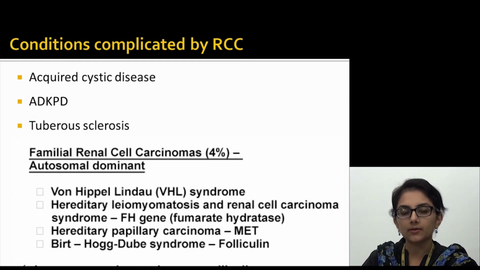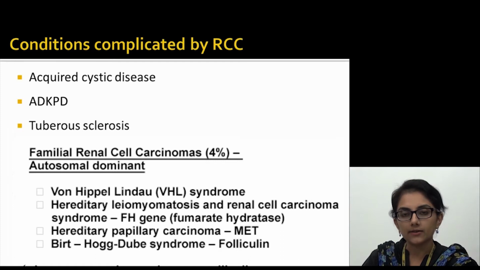And let's look at the important syndromes to remember. First and foremost is the von Hippel-Lindau syndrome, or the VHL syndrome, which is associated with conventional or clear cell RCCs. Hereditary leiomyomatosis and renal cell cancer syndrome, which was newly incorporated into the 2016 WHO classification, is associated with a mutation in the fumarate hydratase gene and predisposes to papillary carcinomas.